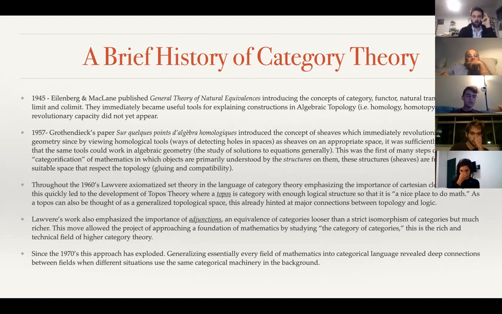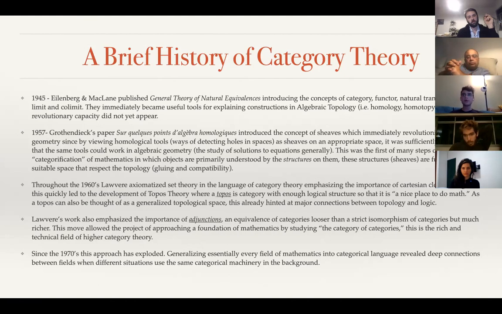But what Lawvere really did was bring category theory to the fore as a potential foundation of mathematics, where this idea of a topos is a category that's large enough that it has enough structure that it becomes a nice place to do math. What we really mean by that is that it has many of these limits and colimits, because they correspond to all the constructions that you do in the space.